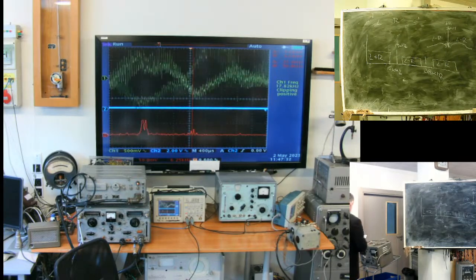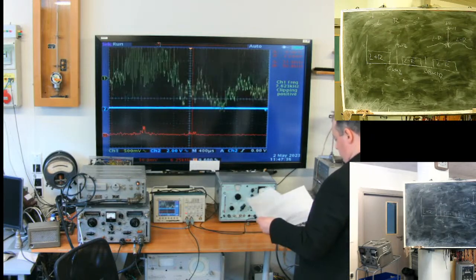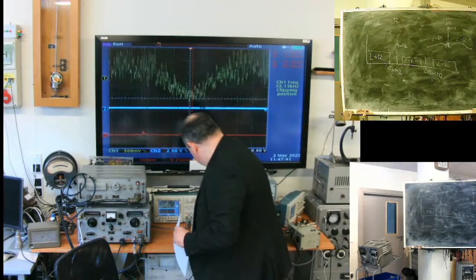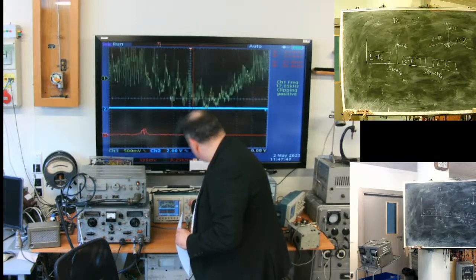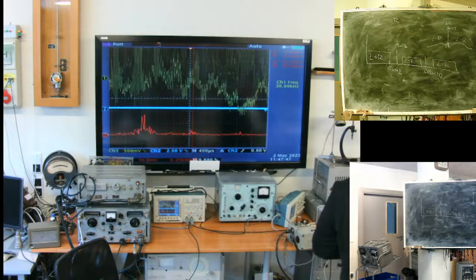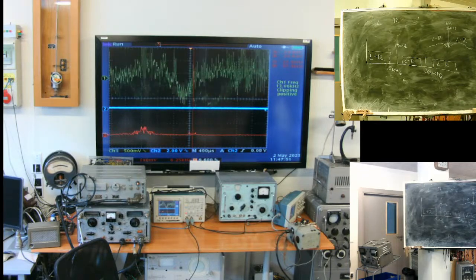Actually, I need a central point of 57. I will go to 57. See, something sporadically arrives around my center line.